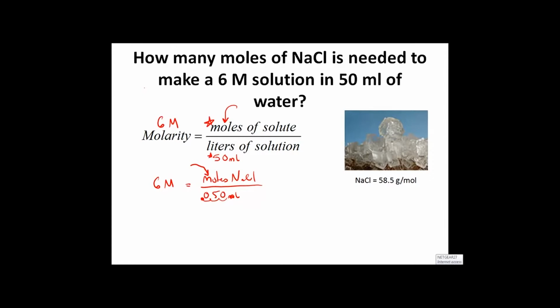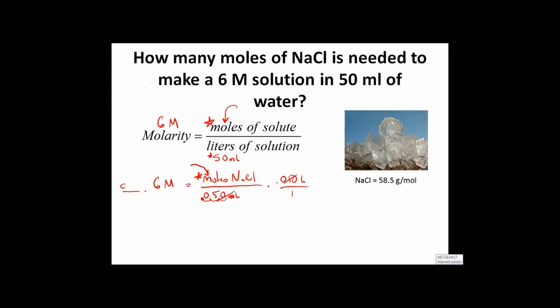In order to do that, we need something that says moles equals. And so what we're going to do is multiply this side by 0.050 liters over 1. And that's going to cause these two to cancel out. Now when you do that, essentially we have isolated the unit moles. But I need to multiply that by the other side as well.